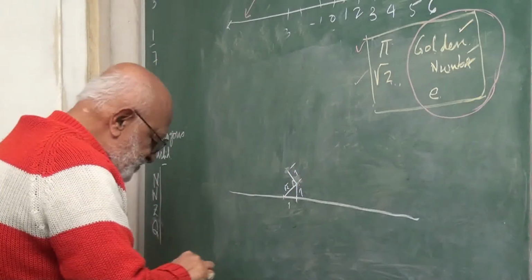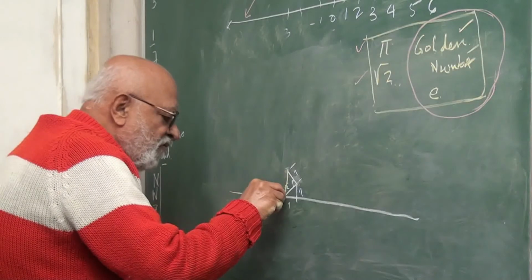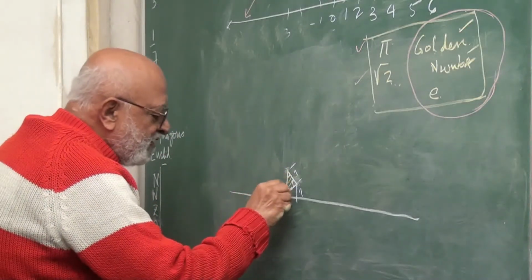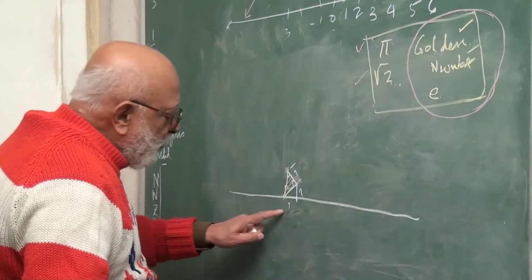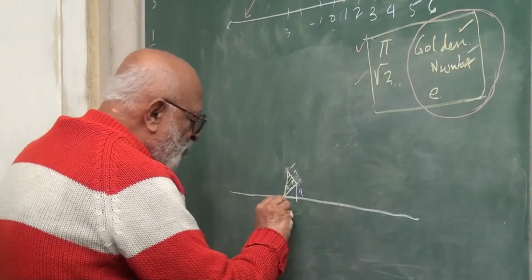Join these two. Now if you take this right angle, let us call the triangle OAB.